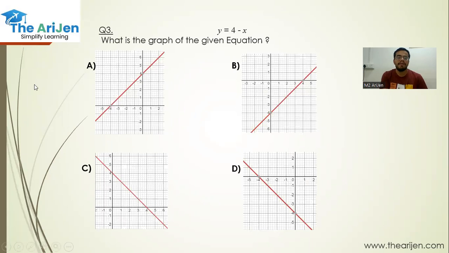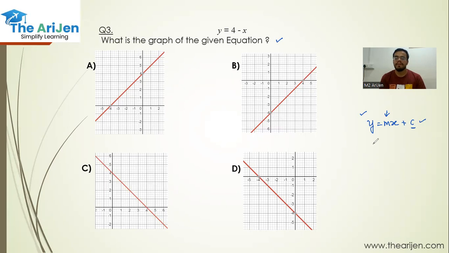Here we have a question asking for the graph of the equation y = 4 - x. Generally we have y = mx + c, the slope-intercept form, where c is the intercept and m is the slope.